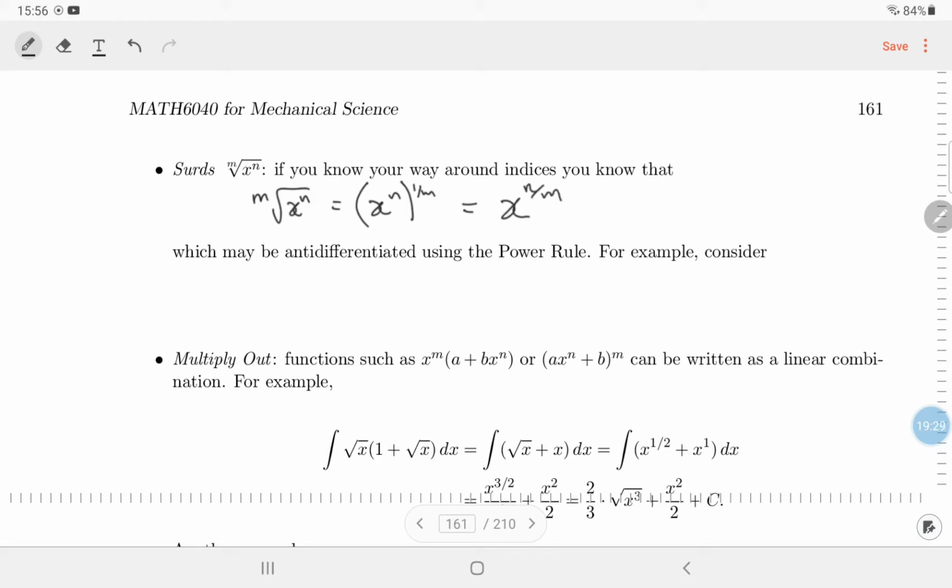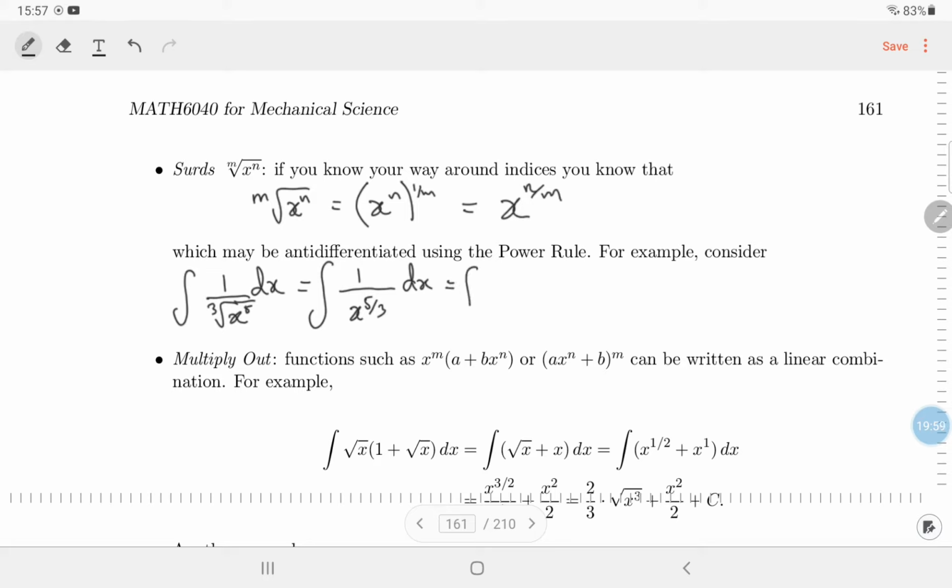So for example, if you want to anti-differentiate, for argument's sake, 1 over the cube root of x to the 5, to make it a bit more complicated. What you can do here is use what I just did above. So this is x to the 5 all cube rooted, which is to the power of 1/3. Now that's not ready to go yet because it's division.